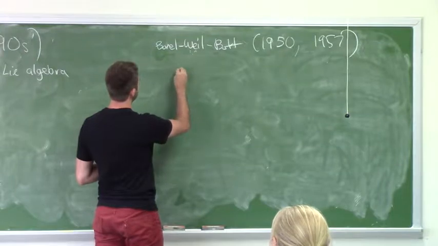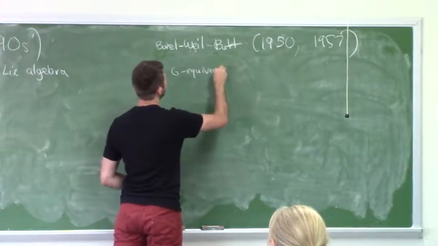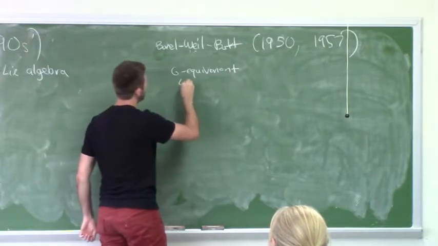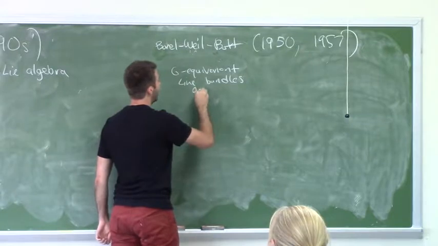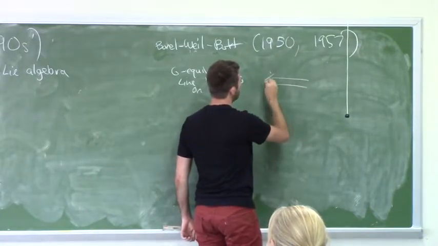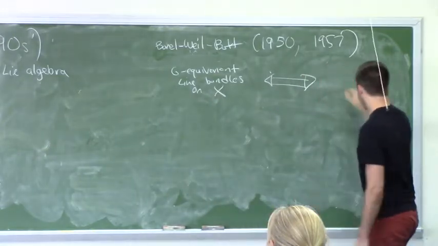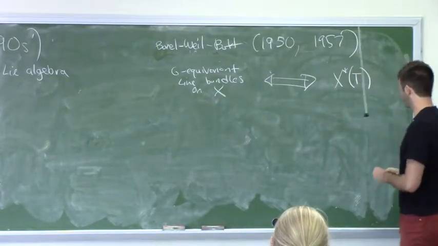The first thing that it says is that G-equivariant line bundles on X are in bijection with co-characters of the torus.